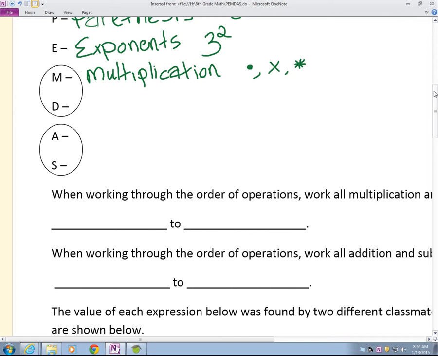Then we have D, division. Division can be shown a couple different ways too. Brooke, can you tell me one of the ways? What does that division sign look like?